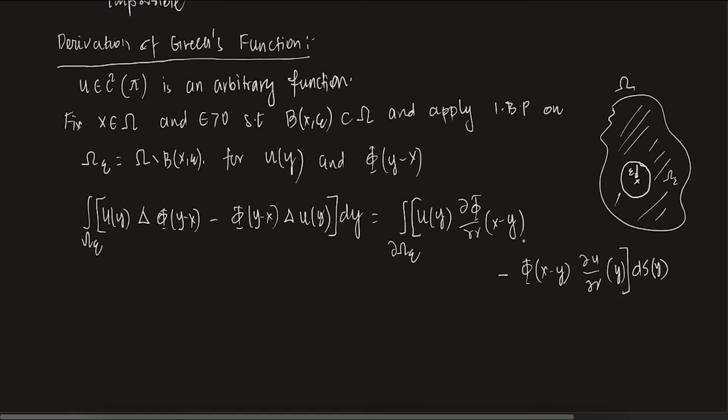So this is just an integration by parts, I just took two parts and put it together. Gamma I didn't specify. Gamma is the unit outward normal on del omega epsilon. Clear?